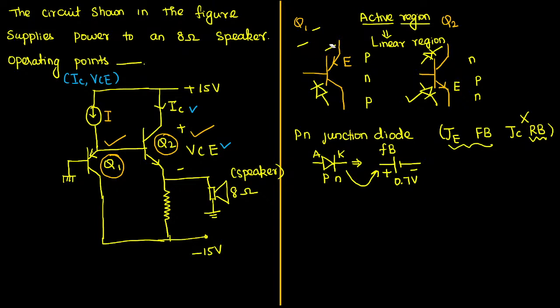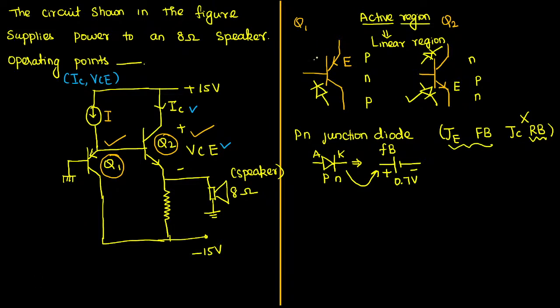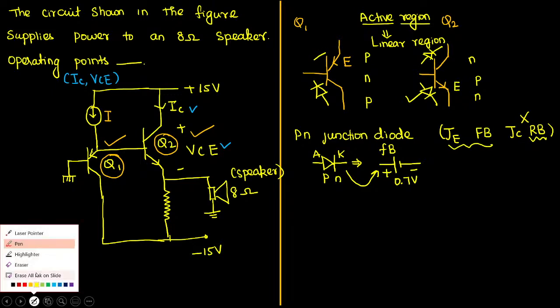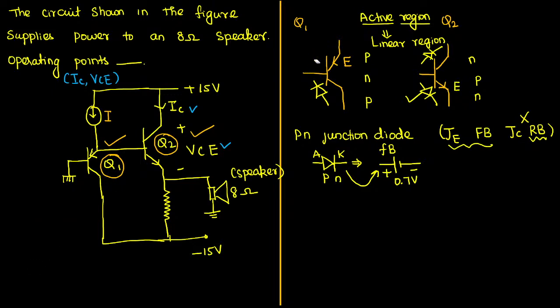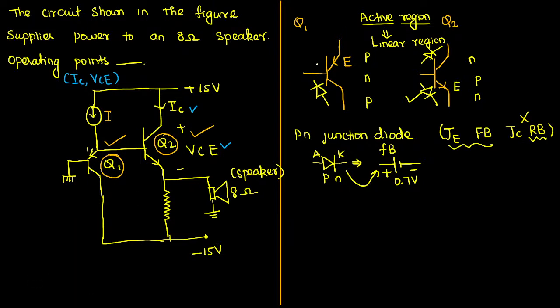Now we understood that the emitter junction diode is going to be operated in forward bias, so we are going to replace it by its equivalent DC source. How will I do that? This is negative, this is positive, emitter to base, and its drop is 0.7 volt.